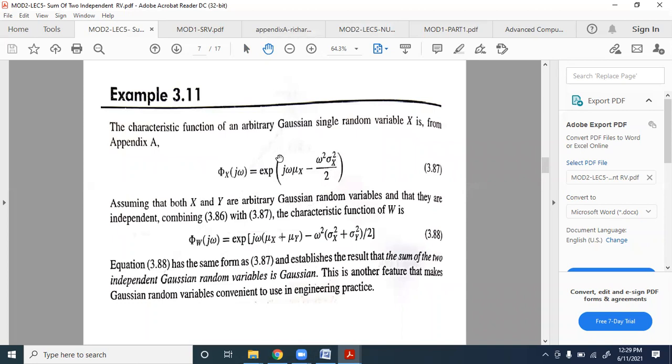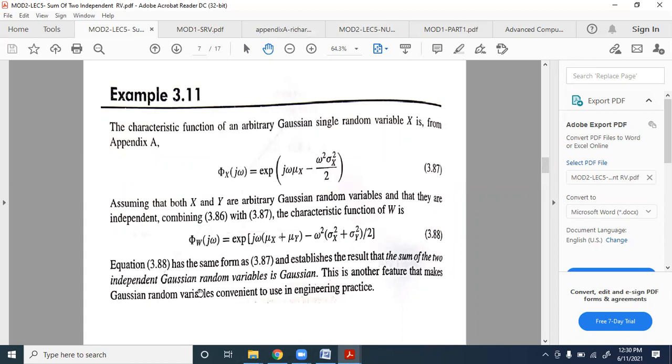If we multiply these two, phi x and phi y, then exponential of a multiplied by exponential of b will give us exponential of a plus b.